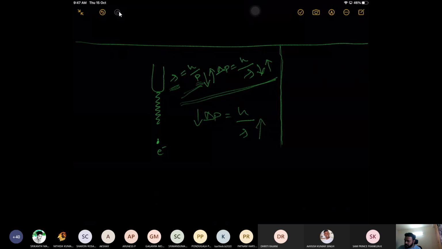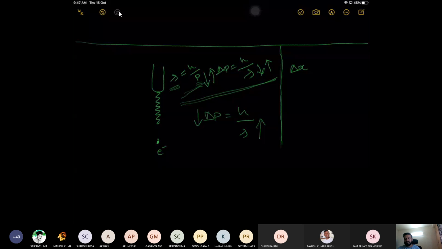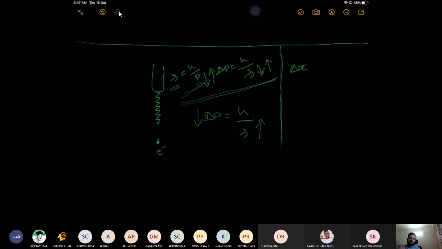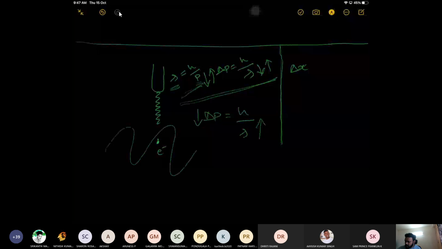But if that person also has to measure the position, this is what the problem is. It's intuitively straightforward. If you use a very large wavelength, this might go past the electron, which makes it extremely difficult to see the electron itself.